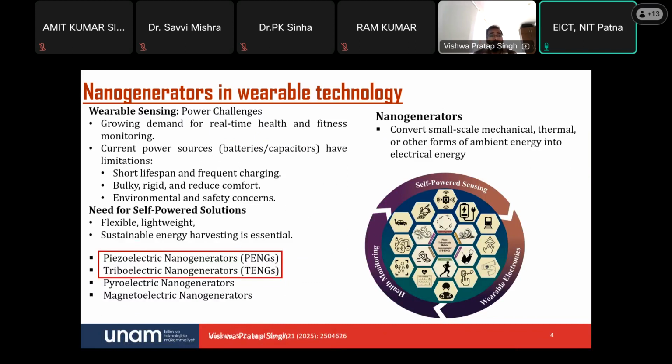Thank you. So there are a lot of devices nowadays in our world, but those devices are really bulky. As we connect the battery and the capacitor with them, they make the electronics very heavy. There are two components: the sensors and the electronics behind them. The sensors depend on a resistive base or capacitive base, and in the case of sensors, we also need to power them to get the output.